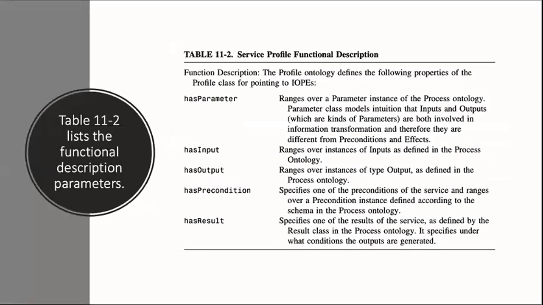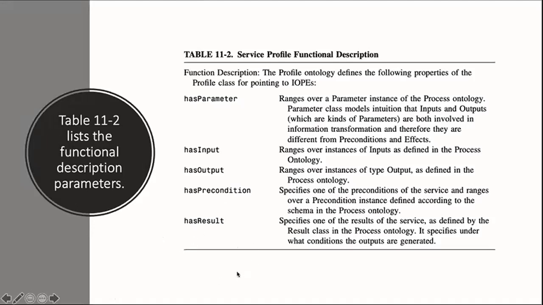This table lists the functional description parameters, additional information such as guaranteed response time or accuracy, cost of service, and classification of service. These things are provided in this table: has parameter, has input, has output, and these conditions.